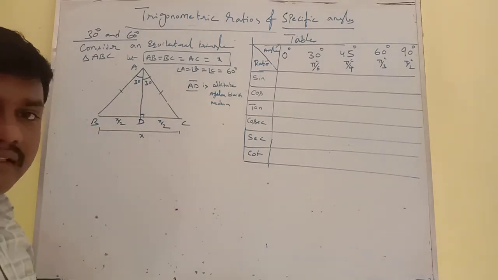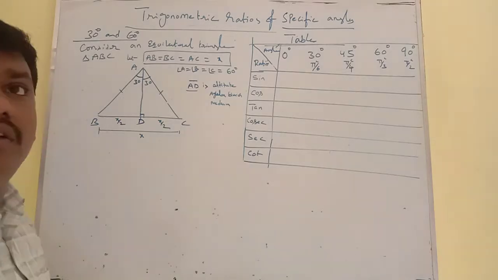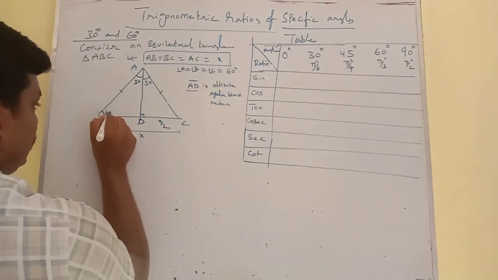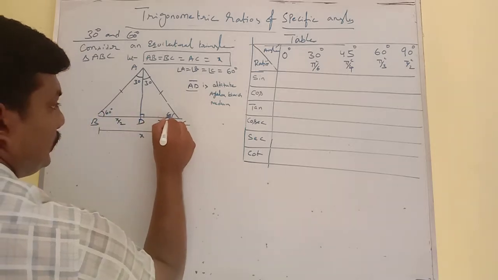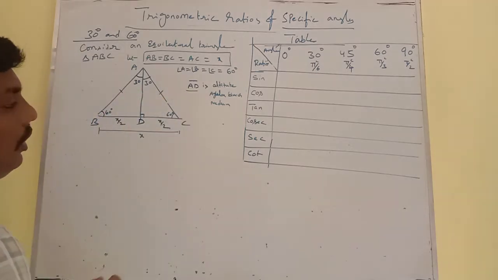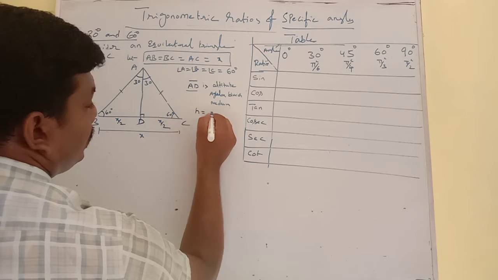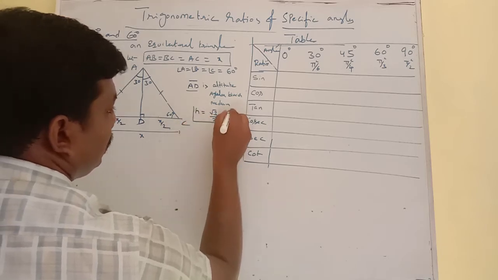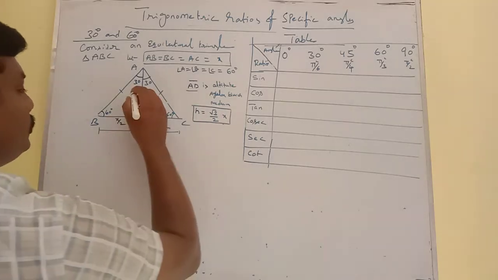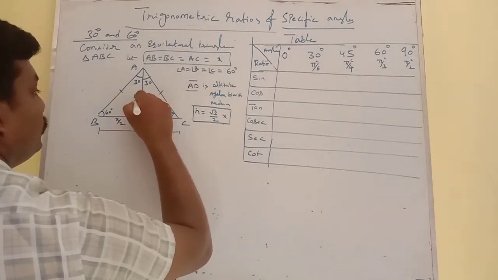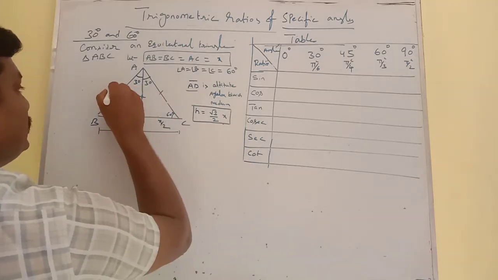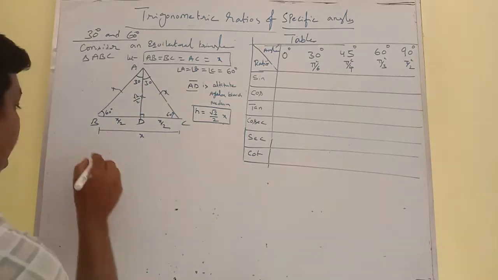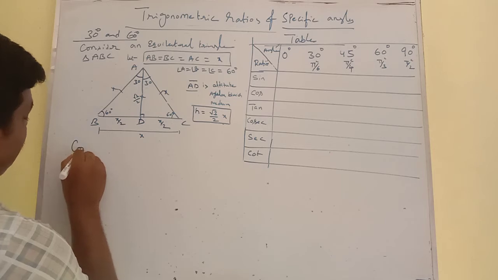So we conclude that this angle is 60 degrees and this is also 60 degrees. The altitude h equals root 3 by 2 into x, a concept we know. So this is root 3 by 2 into x, and these sides are x and x. Now consider triangle ADB.